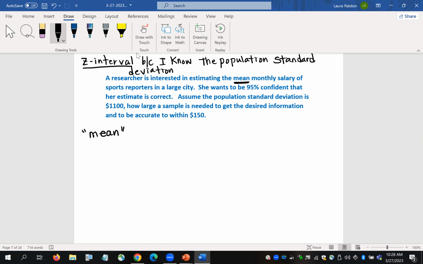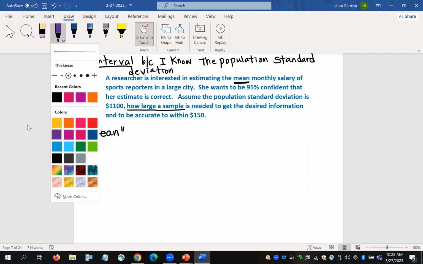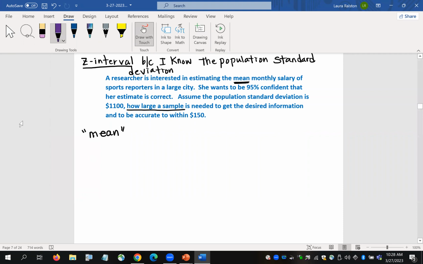Okay. Again, my question says how large a sample. So again, hopefully that phrasing helps you recognize that you want to do the sample size estimation. To do the sample size estimation, you need your critical value, which will come from the table. You need your population standard deviation, and you need your margin of error.